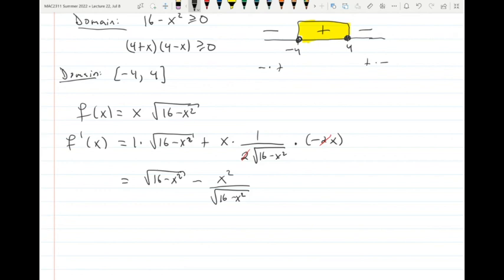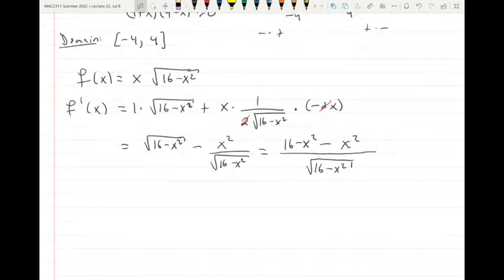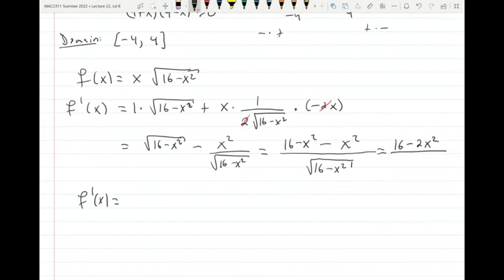So now let's combine this. Remember what I told you earlier? You need to be comfortable combining expressions like this. Right, so we get 16 minus x squared minus x squared, and then that becomes, so f prime of x equals 16 minus 2x squared over this.